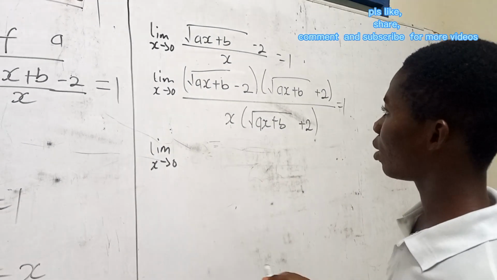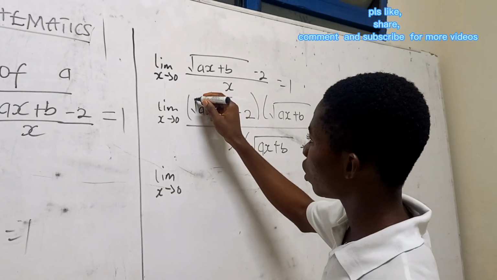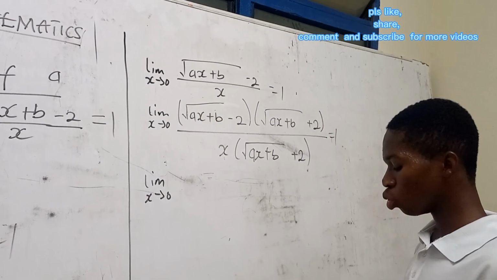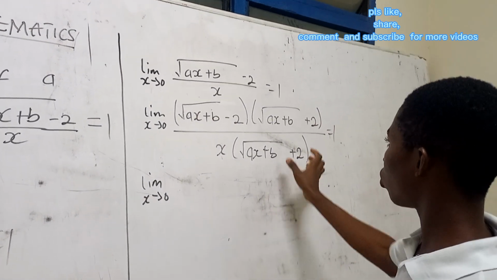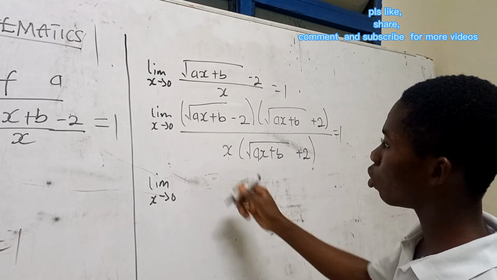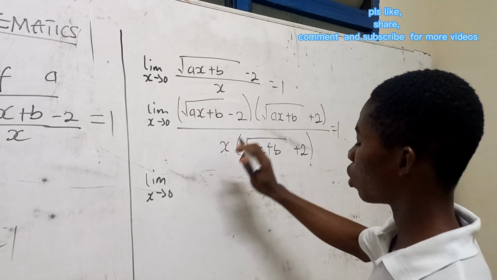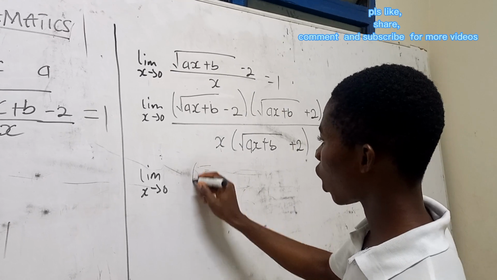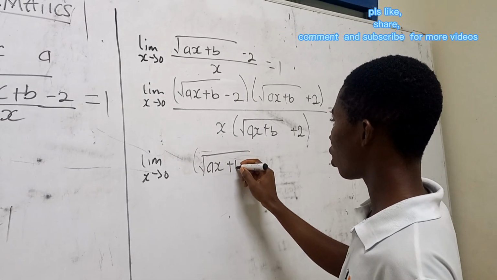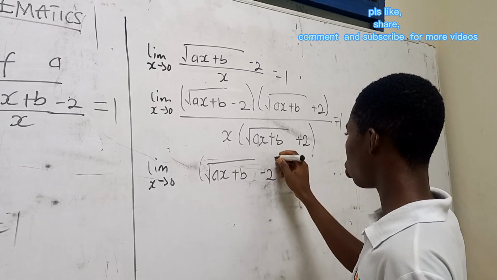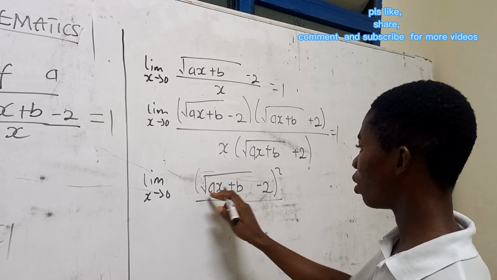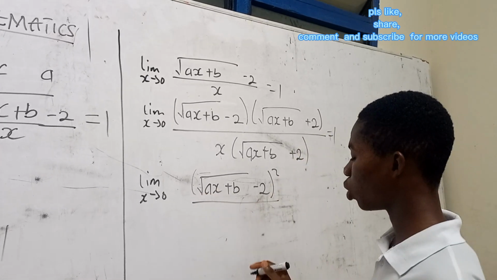So at this moment, we find the conjugate of root of ax plus b minus 2. The conjugate of it will be root of ax plus b plus 2. Then you take the root of ax plus b minus 2 and square it. So you have root of ax plus b minus 2 all squared, because it's a difference of two squares, so you can do it this way.